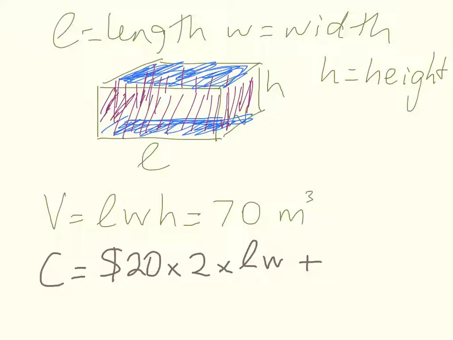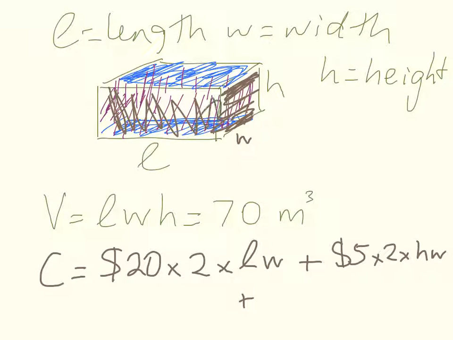plus the sides. Well, 2 of the sides will have dimensions HW, so it's going to be $5 times 2 times HW, and then the other 2 sides are going to be these ones here, so the front and the back face, right?